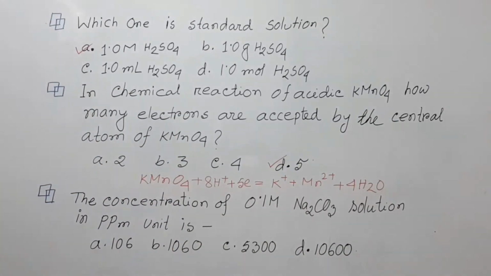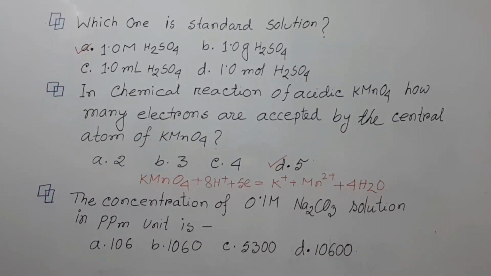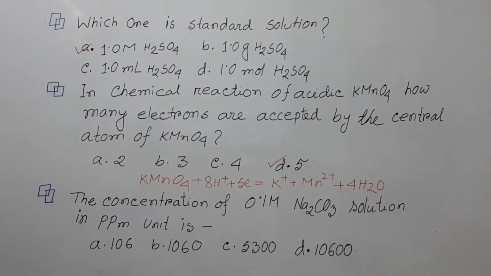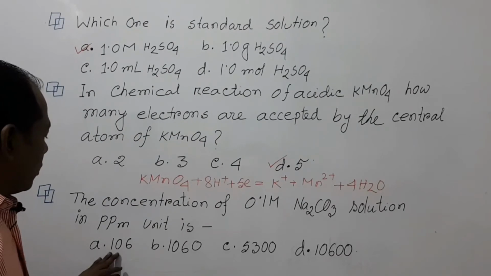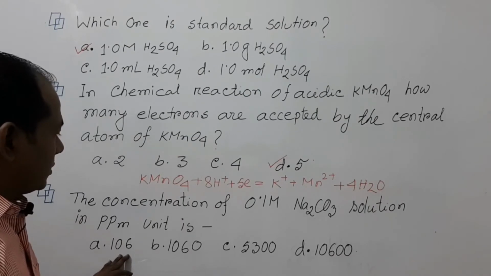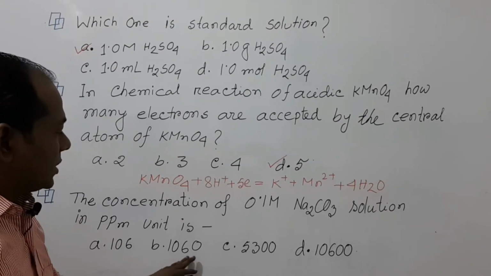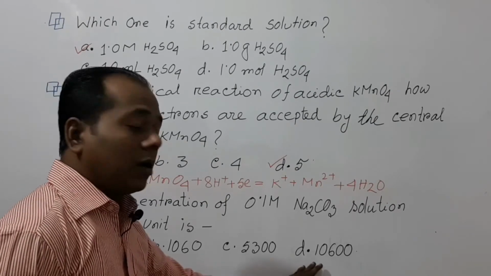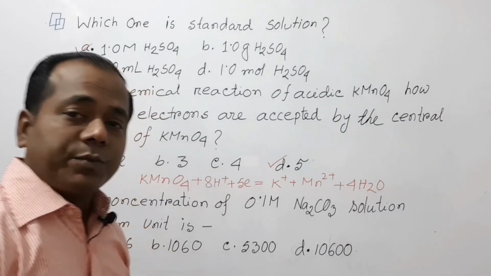Now question number 3: the concentration of 1 molar sodium carbonate solution in ppm unit is 106 ppm, 1060 ppm, 5300 ppm or 10600 ppm.